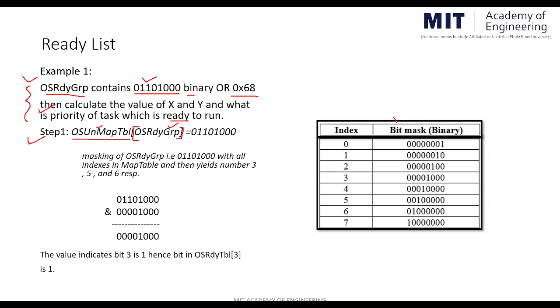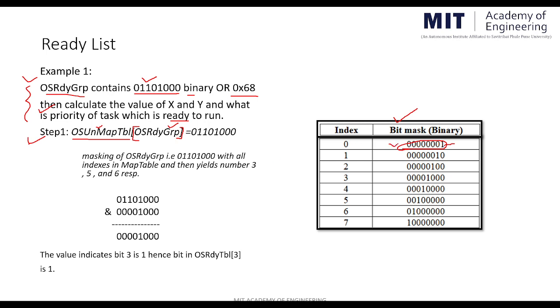This is the unmap table which is holding 8-bit values. All these 8 bits indicate the index of the particular group value, because every bit from the group indicates that some value from the OS_RDY_TBL is ready to run. So we have to find out that index first.